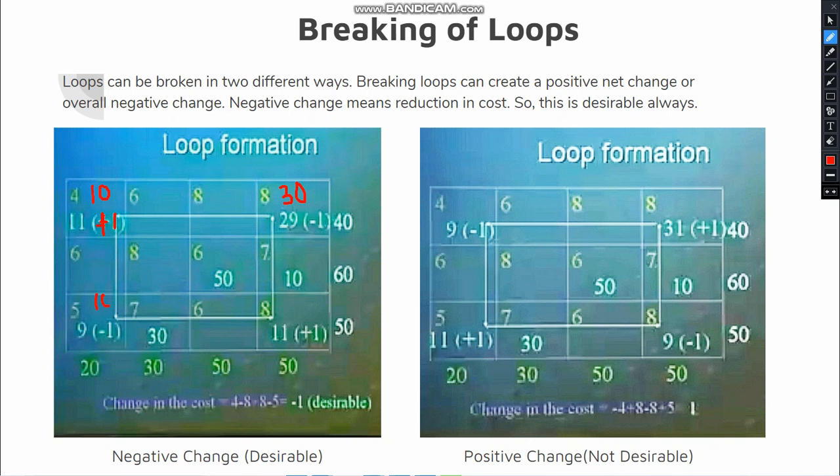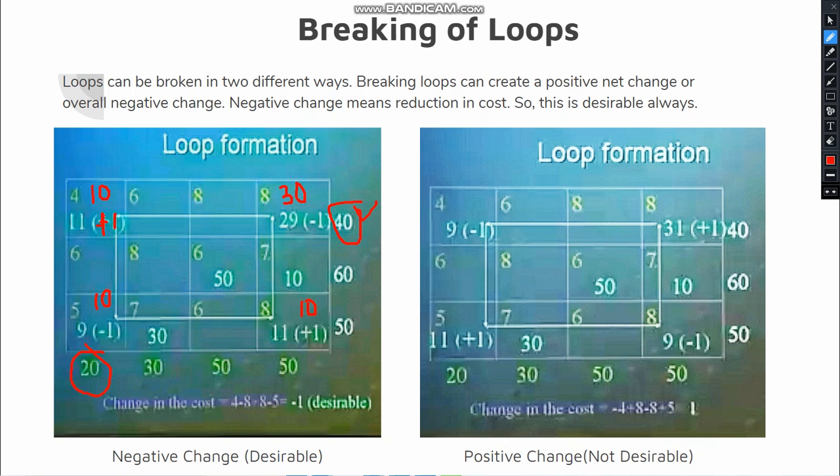Now when you have allocated one more, it becomes 11. Obviously it has to be 29 to maintain this supply constraint. Similarly, when you allocate one more here, this will be reduced by 1 because you have to maintain this demand here. Similarly, when it is getting reduced by 1, there has to be an increase here. This is the point I am trying to say.